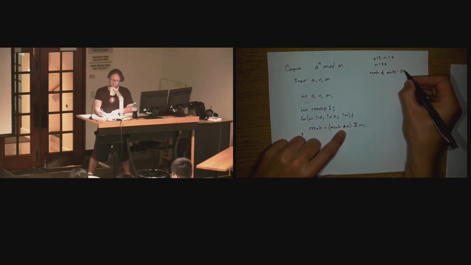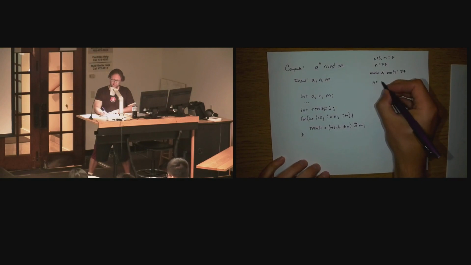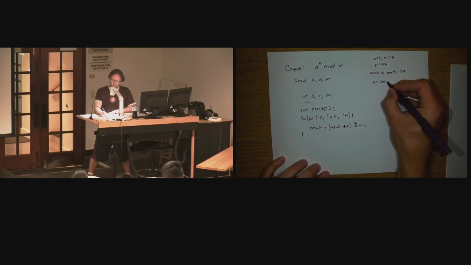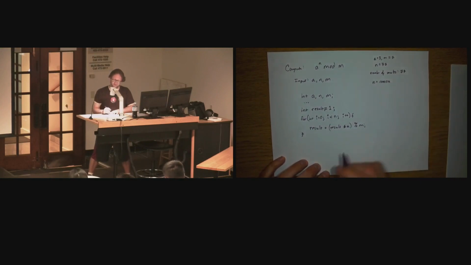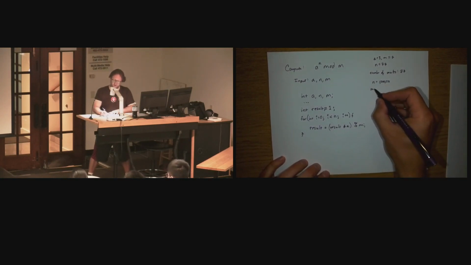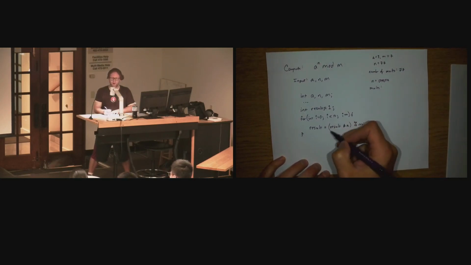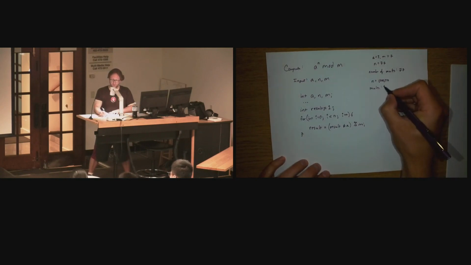77. All right. What if I said that n is 1,512,000? There we go. So how many multiplications now? How many iterations would you go now? 1 million.